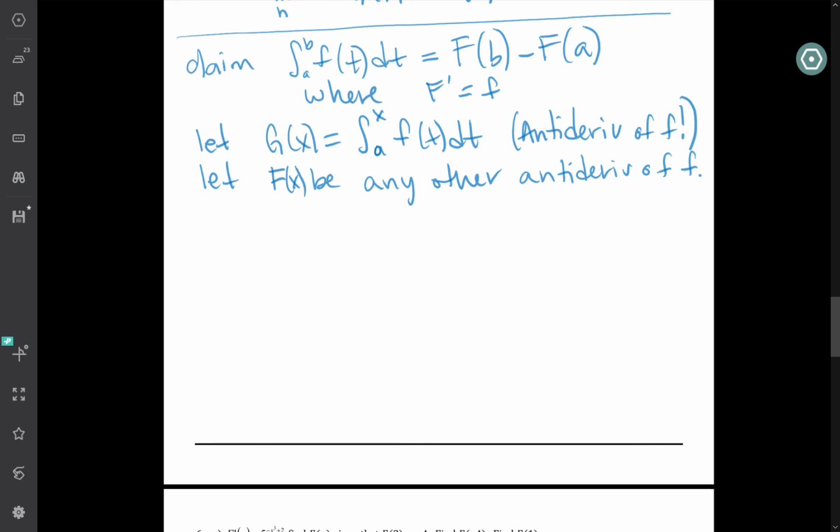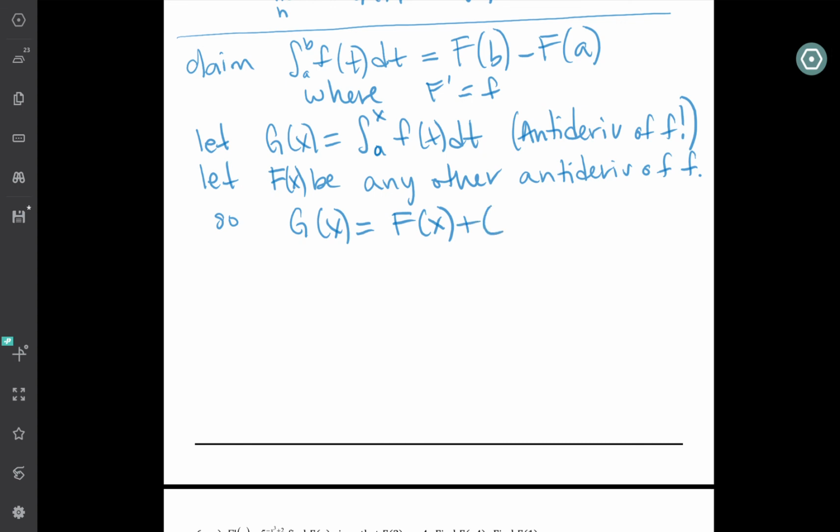So we know, based on what we've been saying all along, that g of x and F of x only differ by some plus c. Okay, so now we're going to try plugging some values into our g of x and comparing with what this statement says about those values.